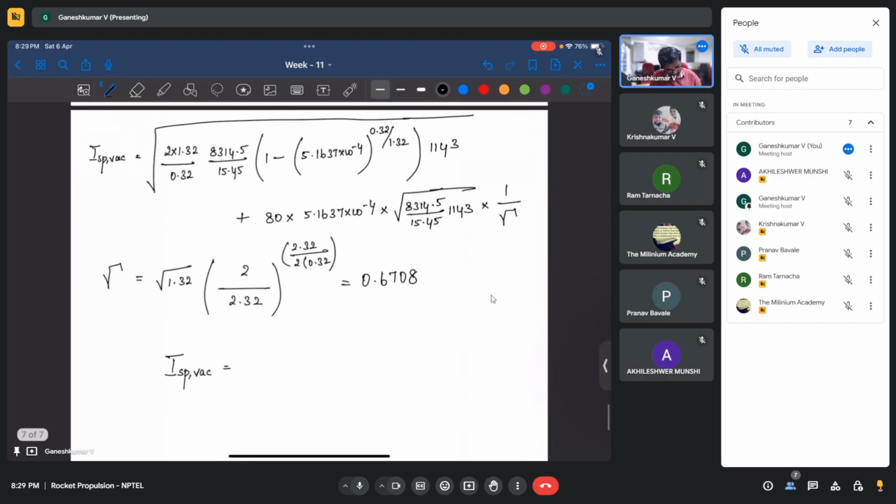So if I substitute that here, this part is coming out to be 48.29, the other part is 1.67 into 10 power minus 4.